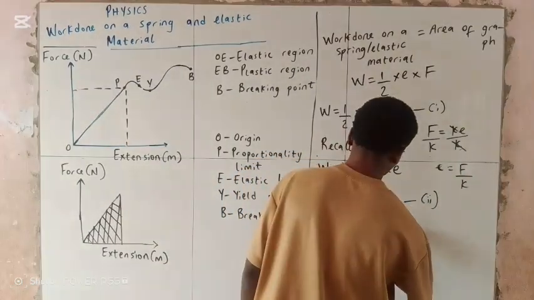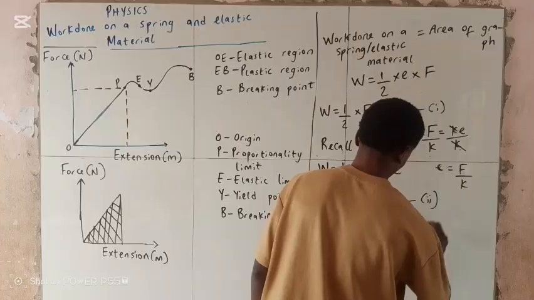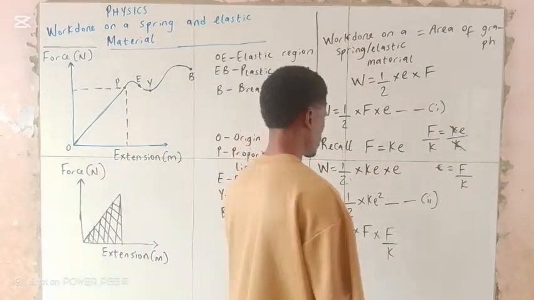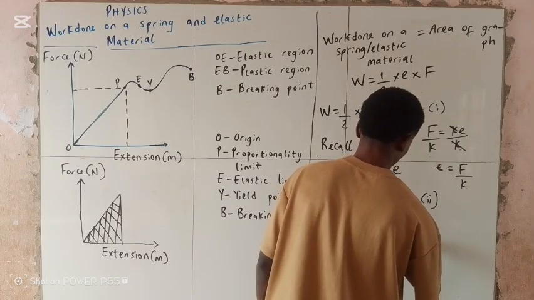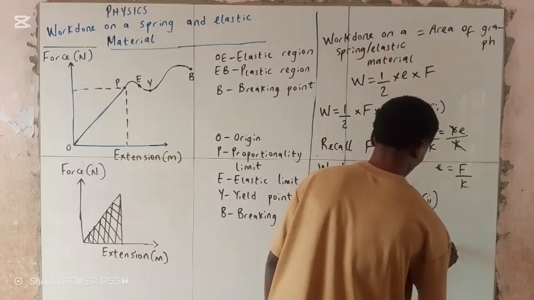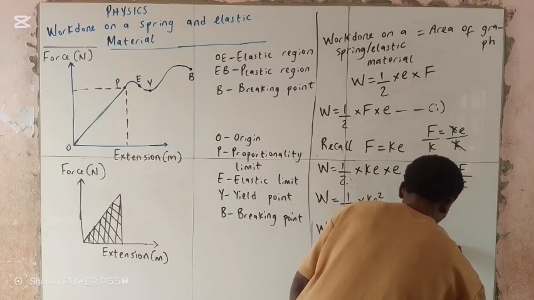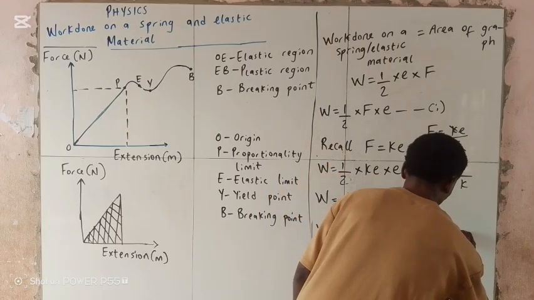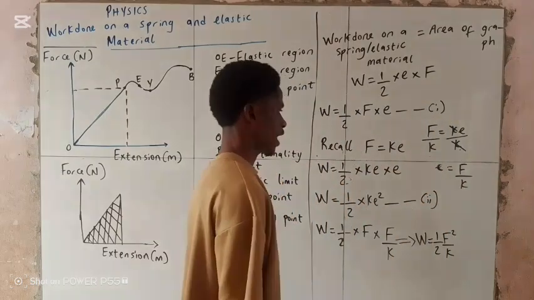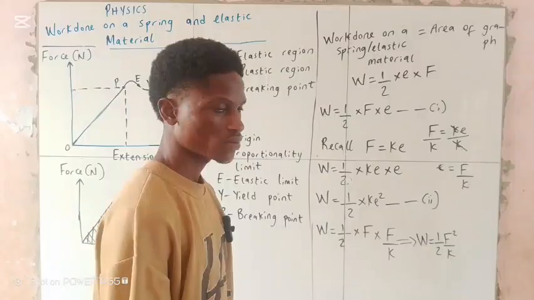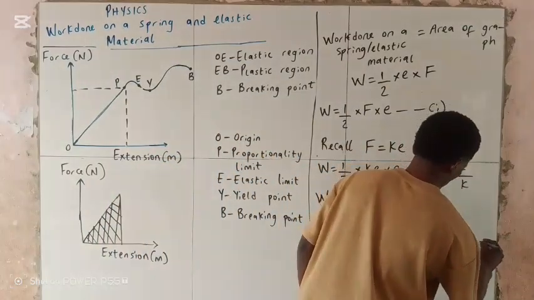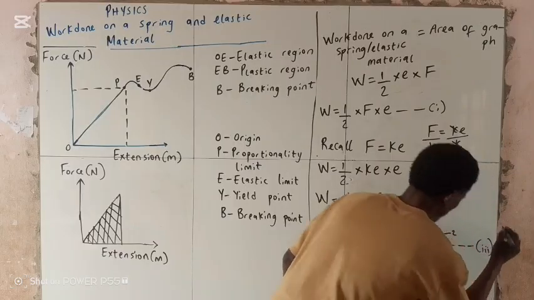So I just substitute my extension with force over spring constant. That implies that my work done on the spring will be equal to 1 over 2 F squared over K. Am I correct on that? So this one becomes my equation 3.